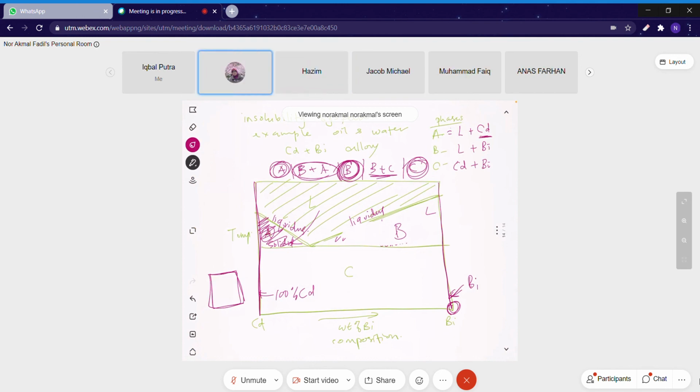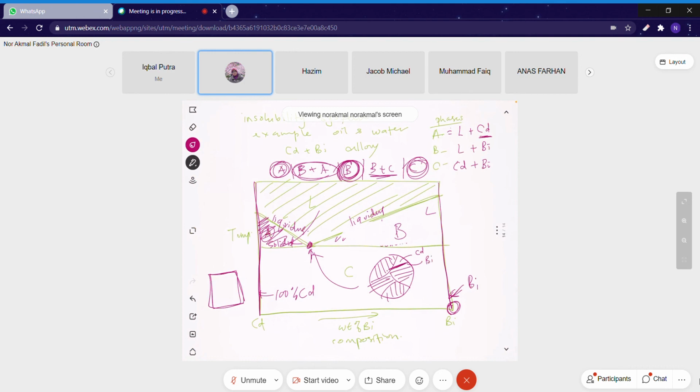So if you have this point, let's say you have this alloy, you will have a lamellar structure, lamellar layer per layer. So this one is maybe cadmium, and this darker line is bismuth.